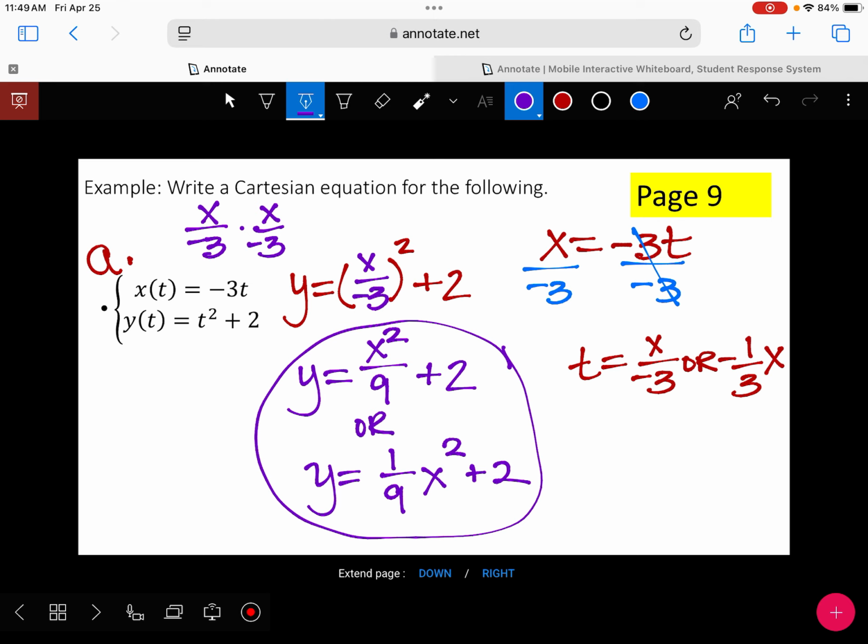Now, the last thing we need to do is talk about domain. When we started out, did we have a red light? Remember, our 2 red lights are x is in the denominator or square root. So did we have that when we started? No. When we finished, did we have it? No. So our domain stayed all real numbers.